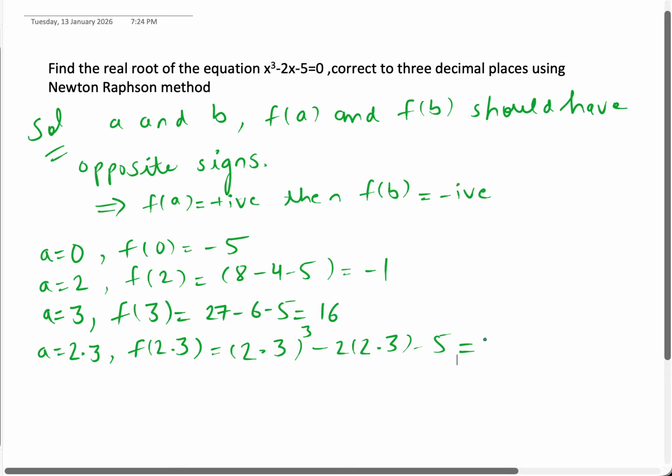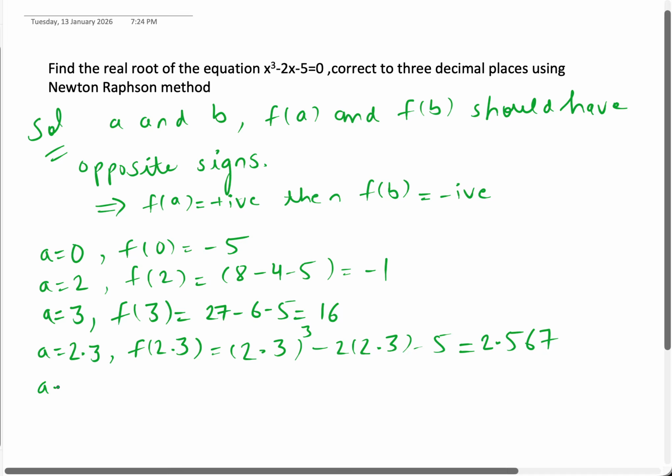I'm going to use the calculator here. This is 2.567. This is also very huge.